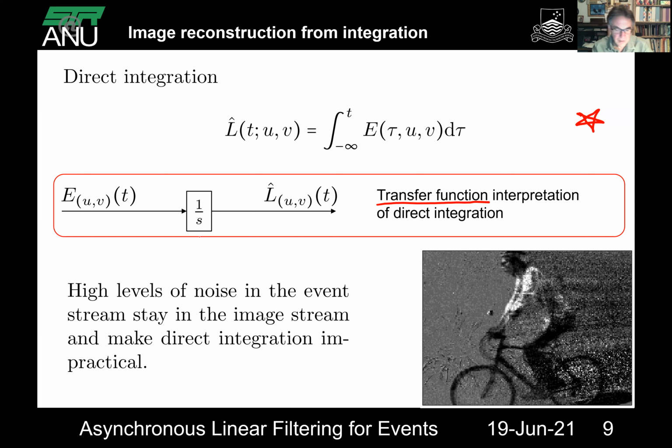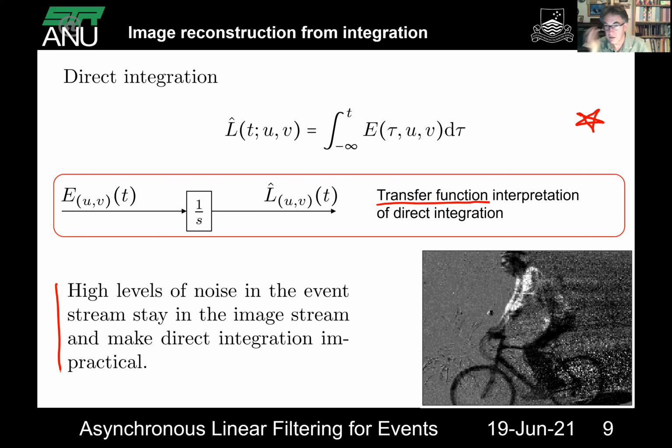Now, the limitation of this, of course, is that event cameras are noisy things, and if you do direct integration, and that's all you do, then every time there's a noisy event, it's integrated and its history is kept in your estimation of intensity forever.